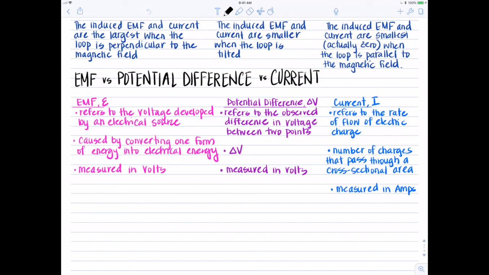So EMF refers to the voltage, not the current. It refers to the voltage developed from an electrical source. So the voltage developed in a circuit or in a conductor by an electrical source. And it is the result of converting one form of energy into electrical energy.